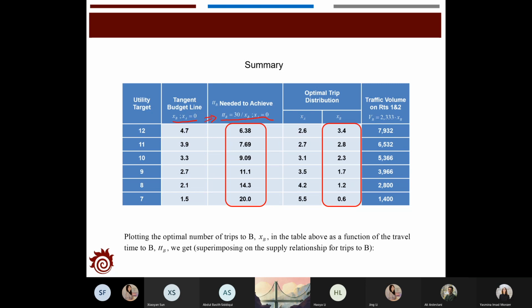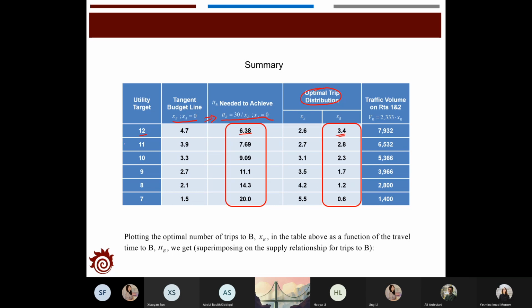And at the optimal assignment, you have the number of activities at A and B. For utility equal to 20, you find the travel time from A to B is 6.38 minutes, and the number you get is 3.6 trips per day.